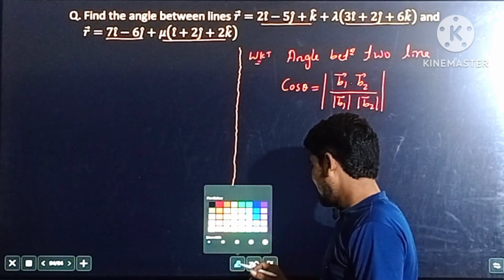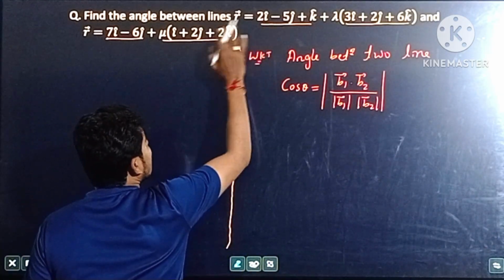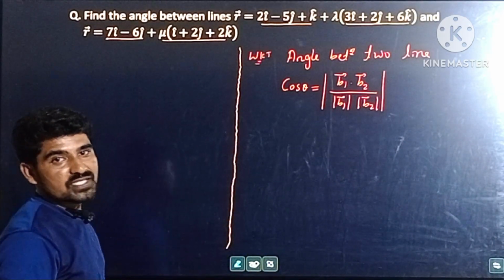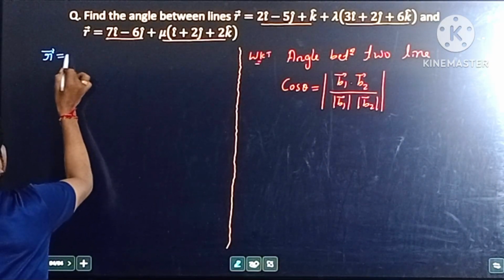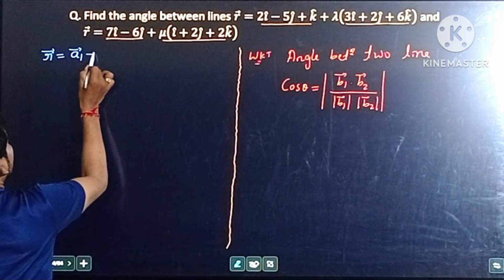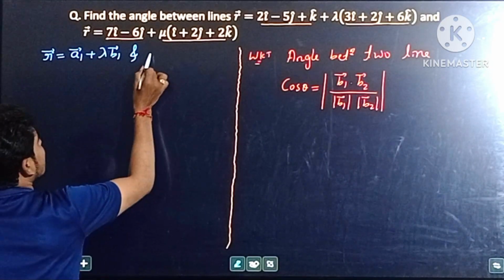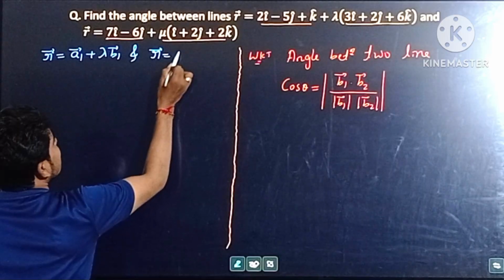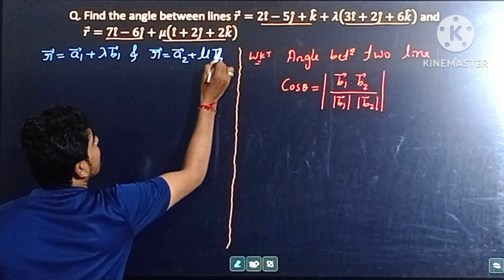To identify the b1 vector and b2 vector, just compare the first line and second line with the standard equations of lines, where the standard equation of the first line is r vector equals a1 vector plus lambda times b1 vector, and the standard equation of the second line is r vector equals a2 vector plus mu times b2 vector.